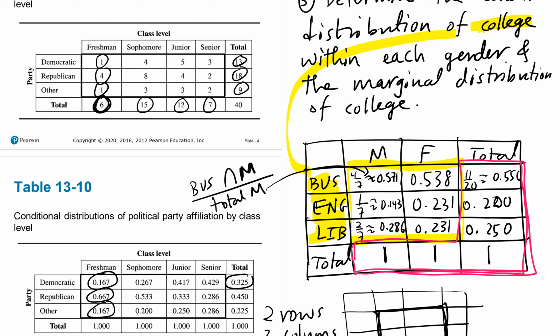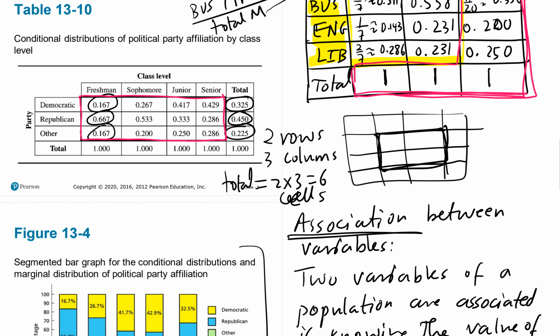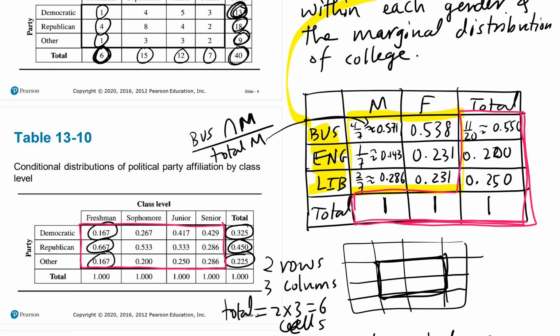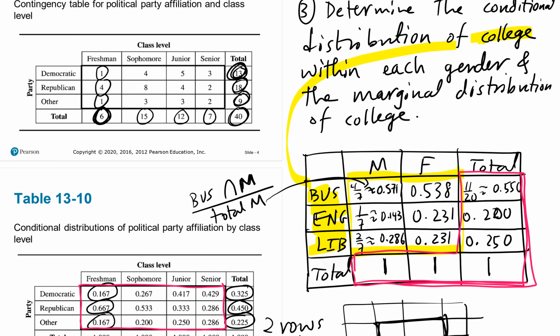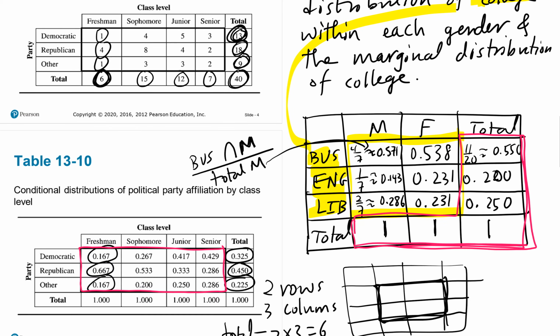To get the last one here, we divide 13 by the total 40. 18 divided by 40 gives you this. 9 divided by 40 gives you this. Now those are the conditional distributions, and the other ones are the marginal. So that's what they're doing here in this question. What else do we have? I think that's it.